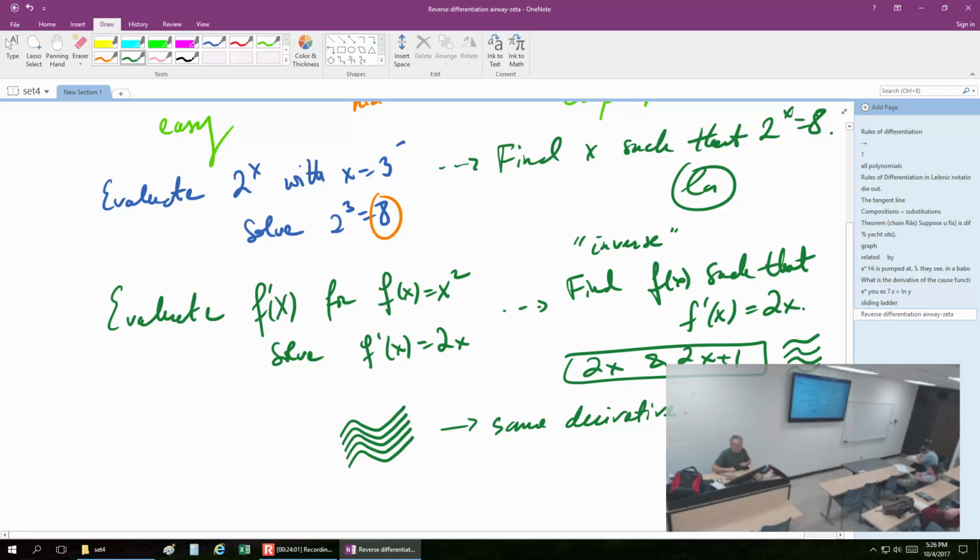Think about that last line in a less theoretical way, but more practical, and that is the location and velocity relation. If my f of x is my location, then f prime of x is my velocity. So if I know where I am, I can find my velocity, but also vice versa. If I know my velocity, I know where I am, except the answer is ambiguous.